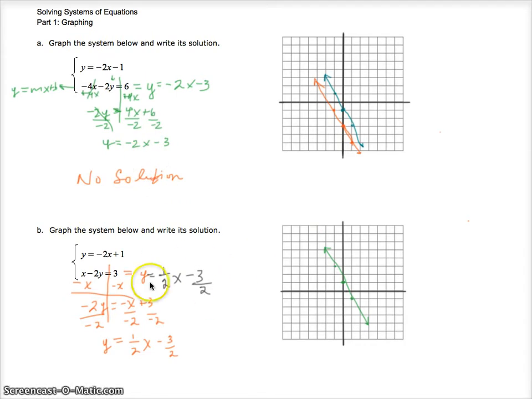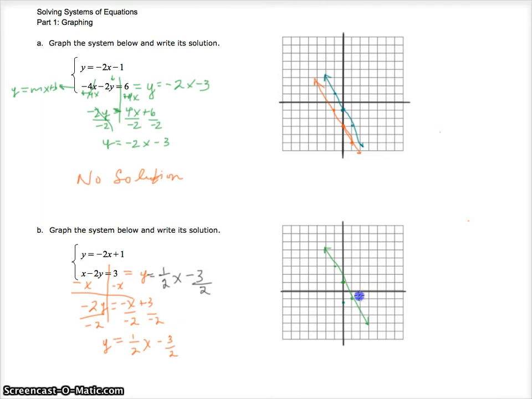For the second equation we can graph, we have y equals 1 half x minus 3 halves. So negative 3 halves is equivalent to negative 1.5. So we're going to go down 1.5. To go up 1, we have to go up a half and then another half and then over 2 spaces.